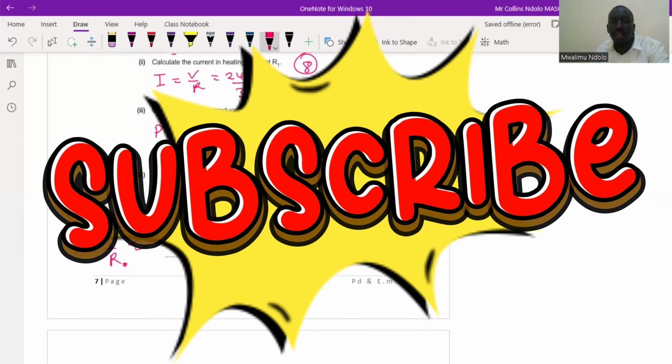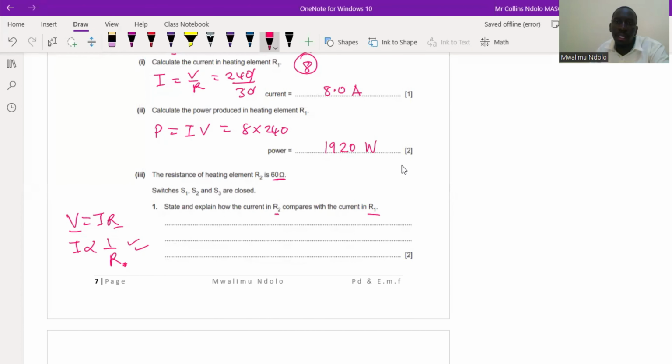Remember, there are simple equations in this. So always remember, from Ohm's law, V is IR. Not forgetting from electric charge, that charge is given by IT, where T must be in seconds. Power is given by IV.